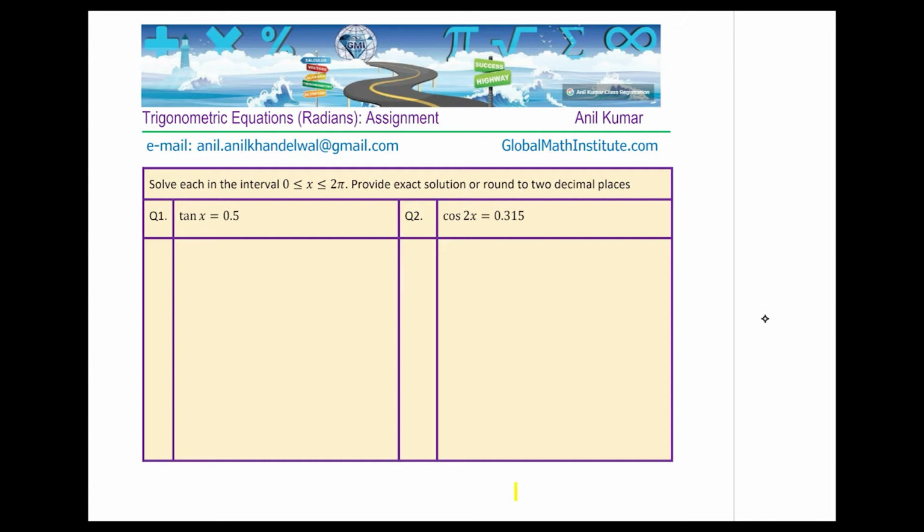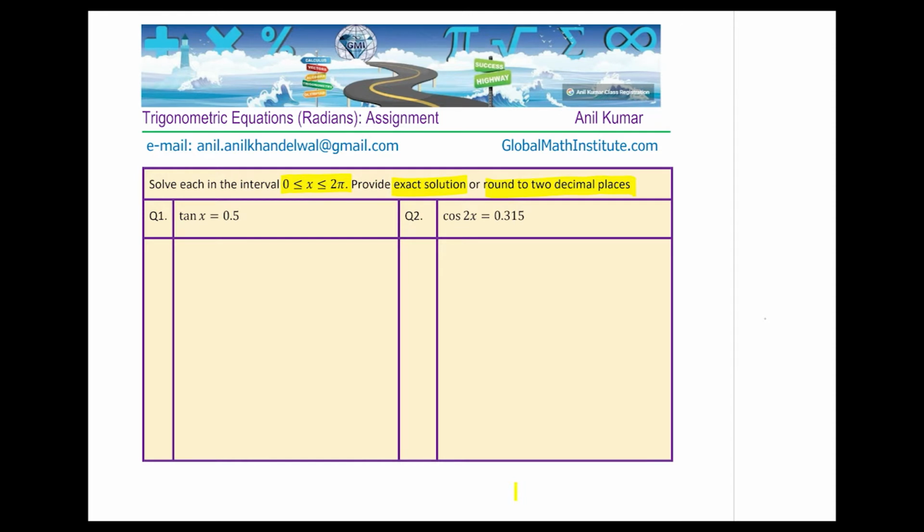For most of the questions, we'll need calculations to be done using the inverse of these trigonometric ratios to find the required angle in the given domain. That is kind of important. So let's see the first question once again. It says solve each in the interval 0 to 2 pi, provide exact solution or round to two decimal places. So keep this in mind while you are solving these questions.